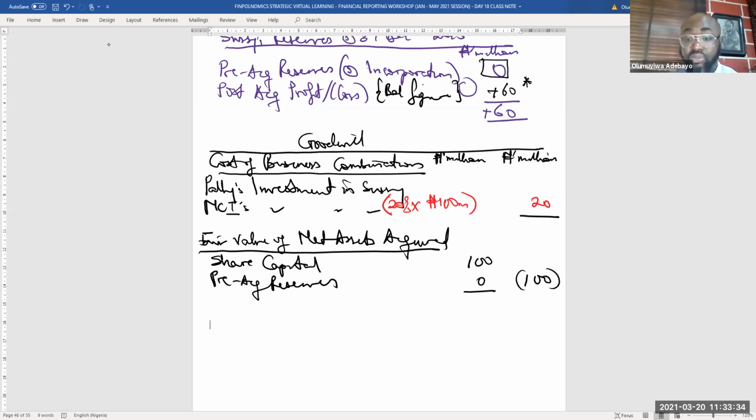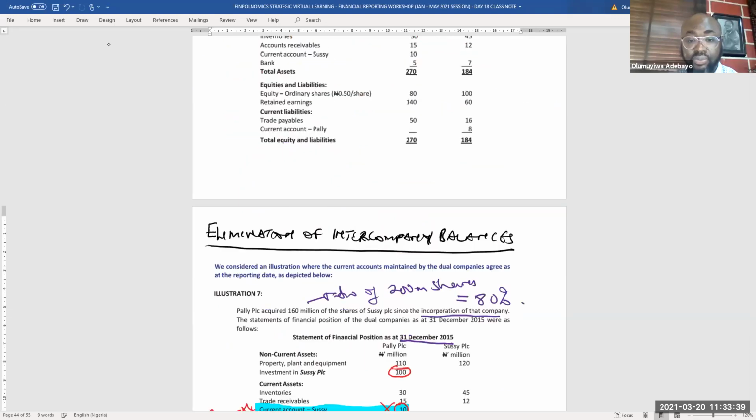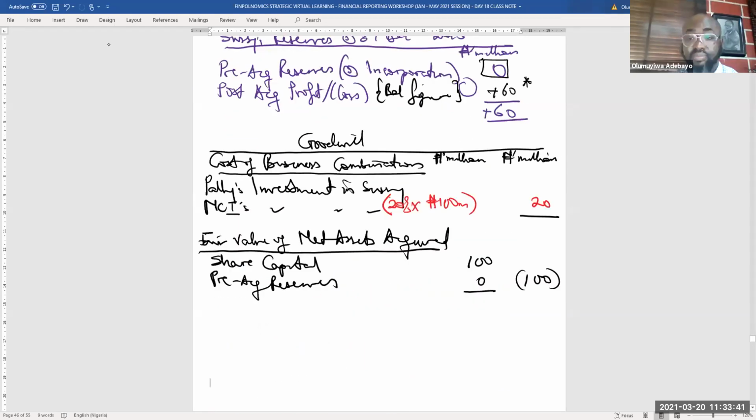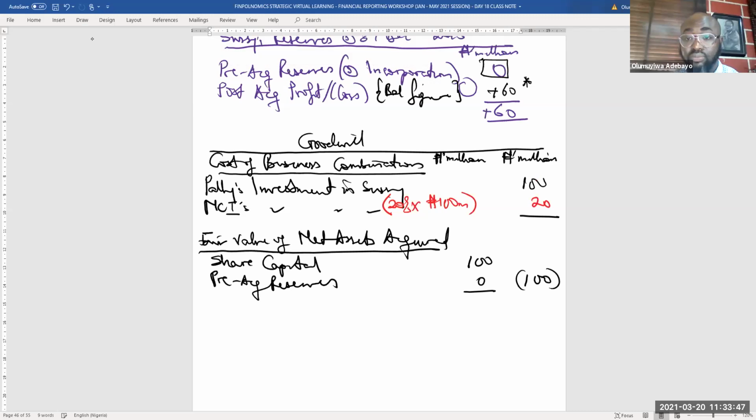What is our investment? It's 100. That gives 120. All things being equal, we have goodwill of 20.